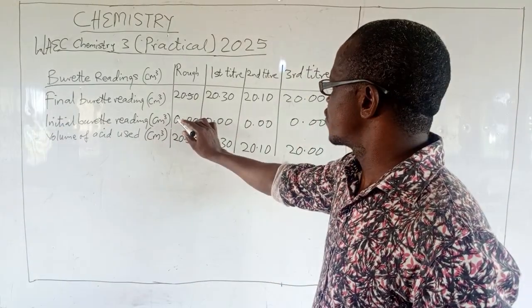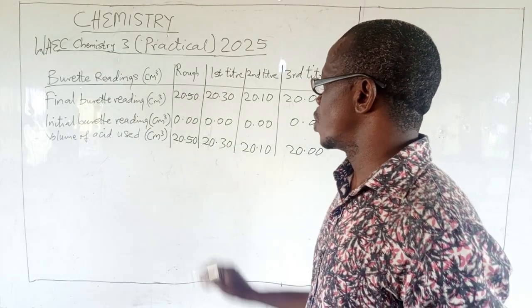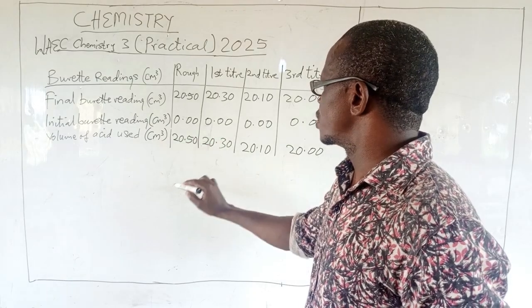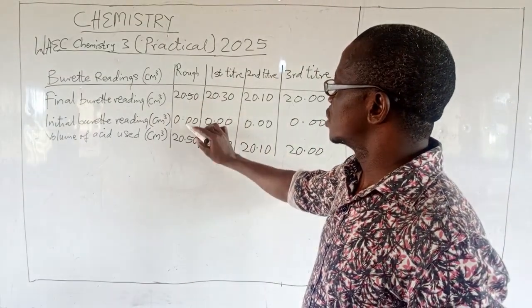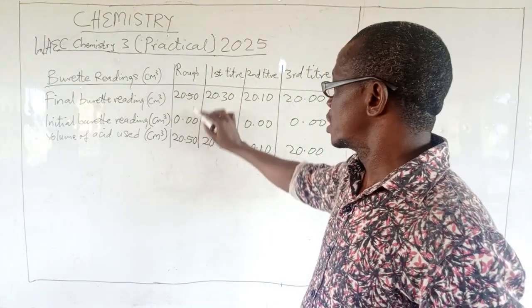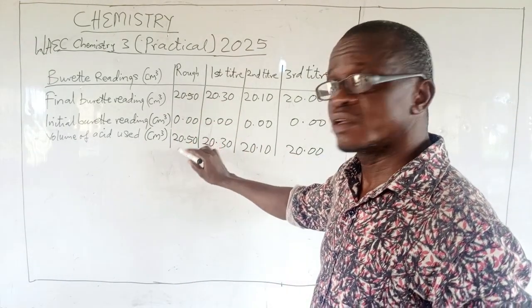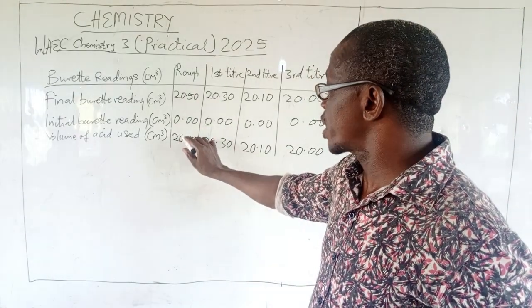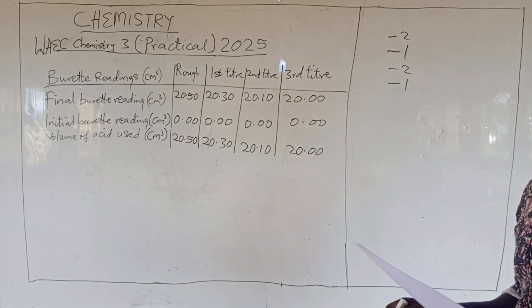If this was 5, you subtract 5 from this value, you bring it down. But if you wrongly put the value here, your examiner will always check whether the subtraction you have done in this place is correct. If it is correct, no problem. But if it is not correct, your examiner will correct it and take a mark from there.